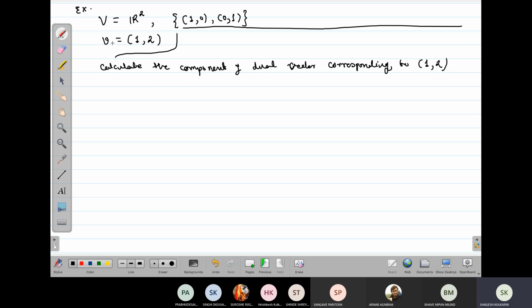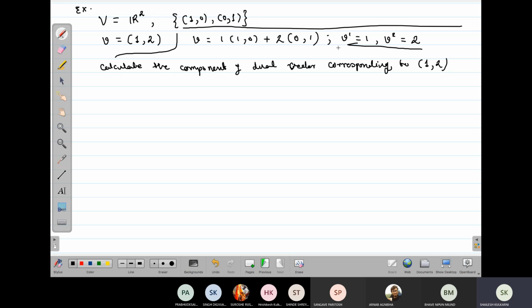What are the components of V in this basis? You can write this as 1 times (1,0) plus 2 times (0,1). So the components of V are V^1 equal to 1 and V^2 equal to 2.